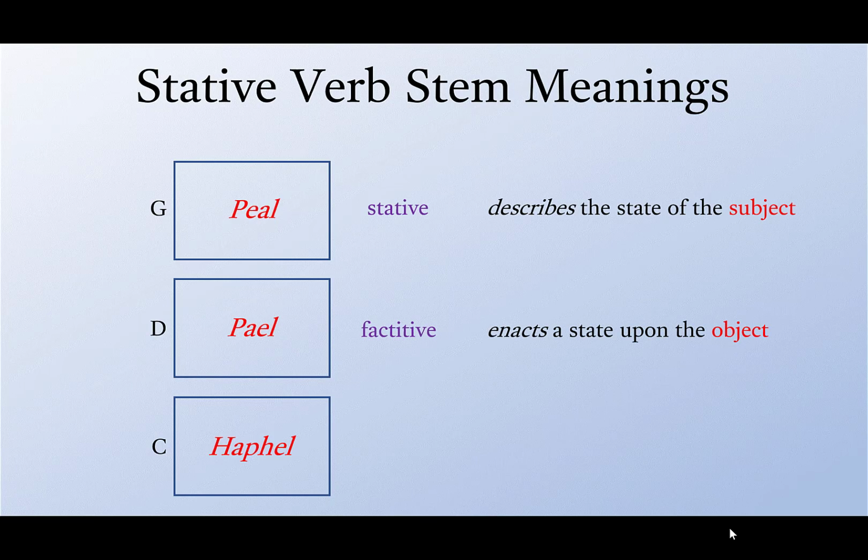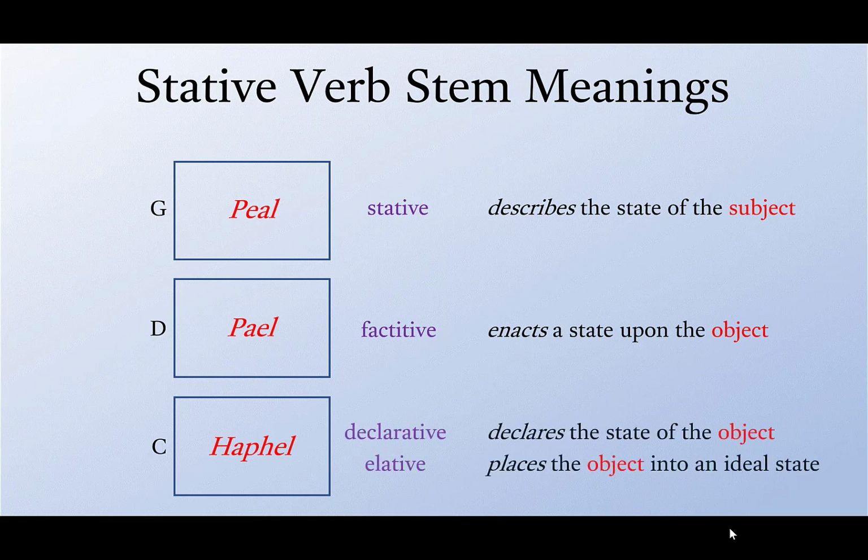Well, it typically has a factitive meaning. That is to say that the verb is enacting a state upon the object. Interesting, right? So a G stative verb, a Pa'al, is intransitive because it's the subject that's being affected by the state. But in the Pa'el, where there's a factitive meaning, this is a transitive verb in which the state is being enacted upon an object.